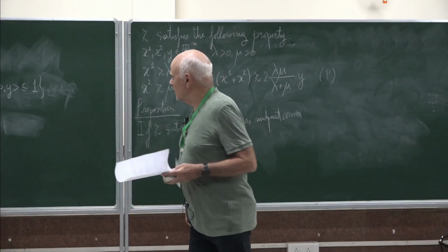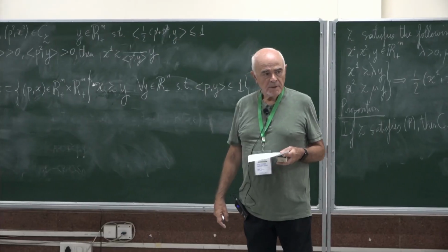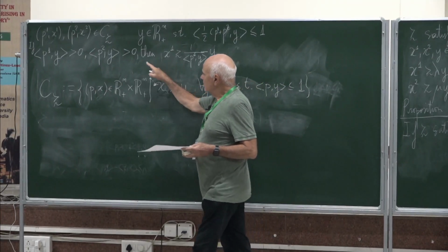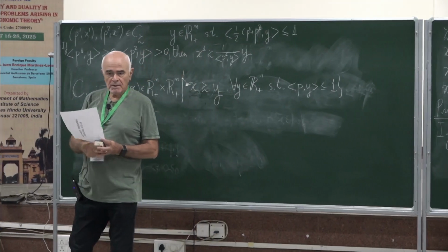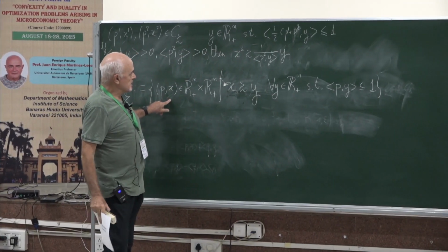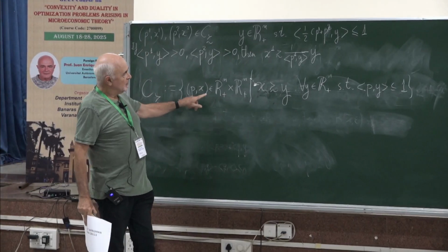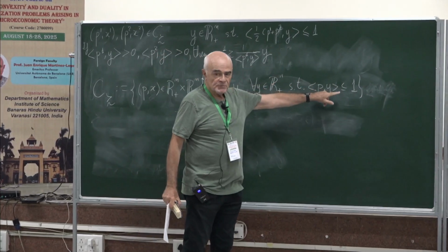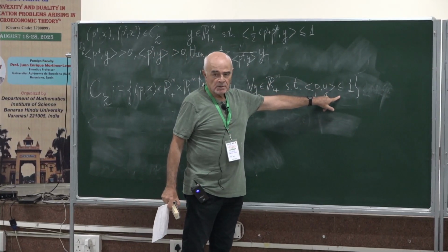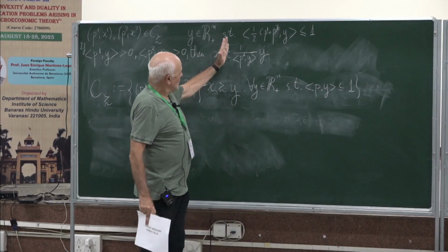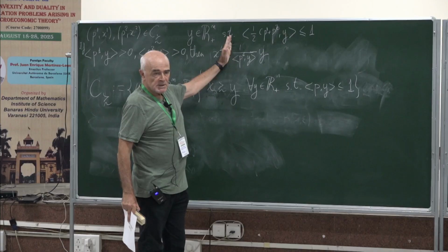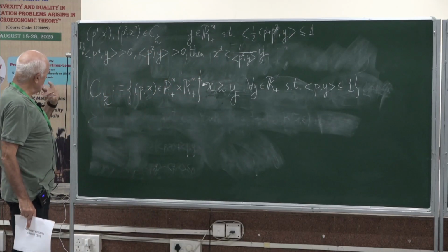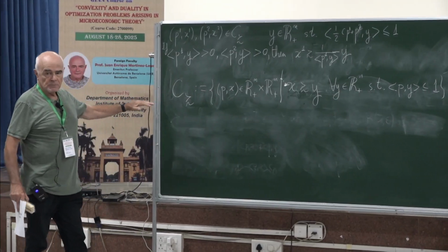Do you agree? This is a consequence of the fact that the pair (P1, x1) is in this set, and the fact that this particular commodity bundle satisfies this budget constraint with P1, because P1 times this is equal to 1. Okay, then this immediately follows from this definition.